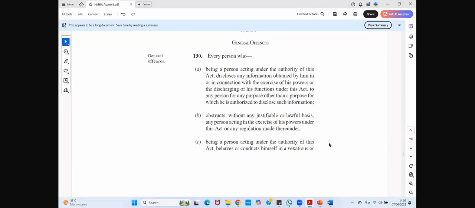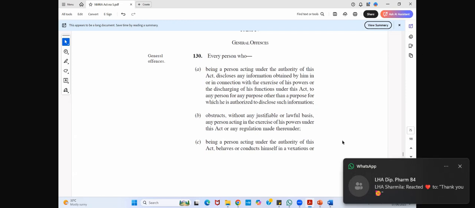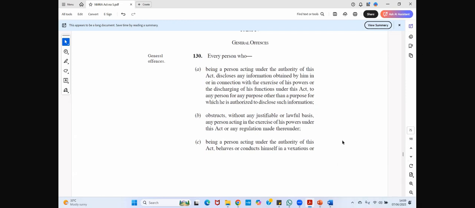Okay, here we go for the general offenses. So the general offenses: every person who, being a person acting under the authority of this Act, discloses any information obtained by him in or in connection with the exercise of his powers or discharging his function under this Act to any person for any purpose other than the purpose for which he is authorized to disclose such information.